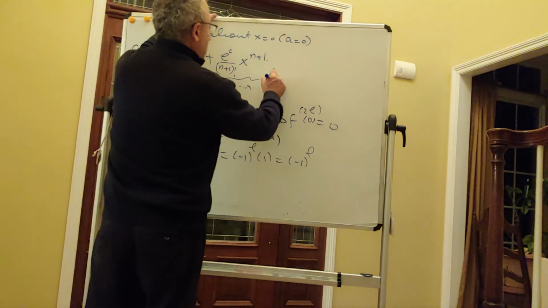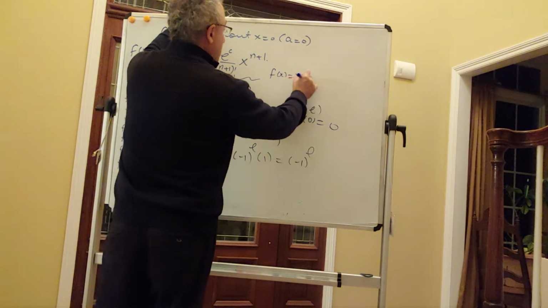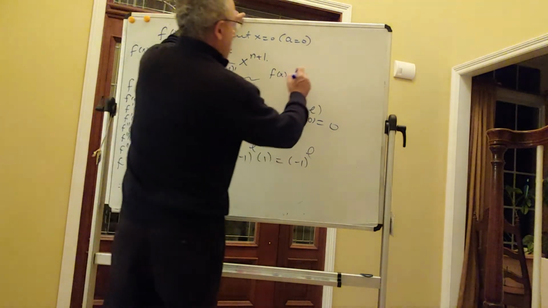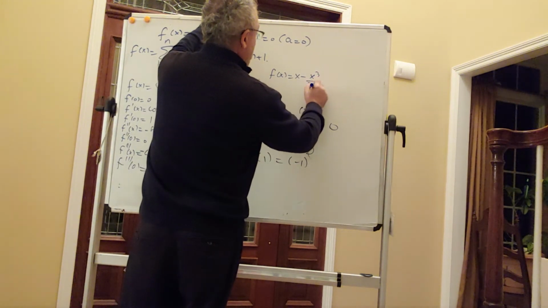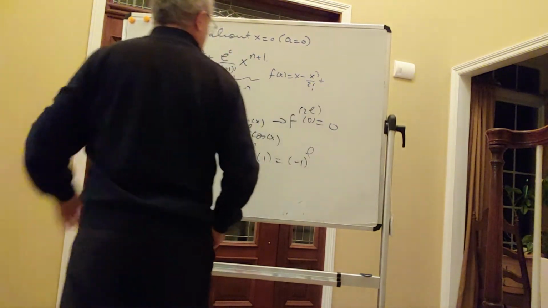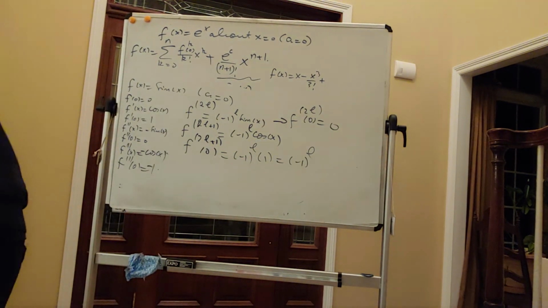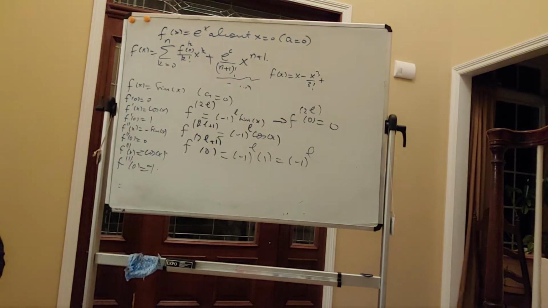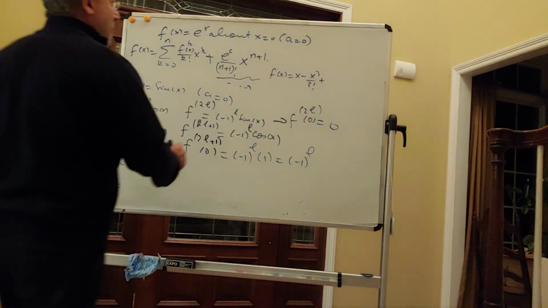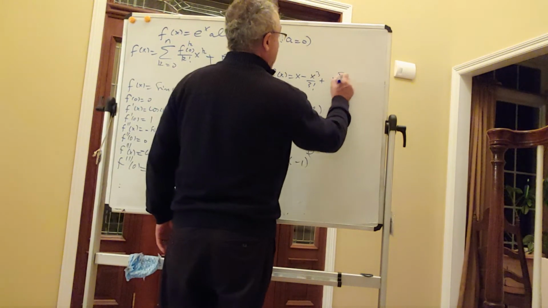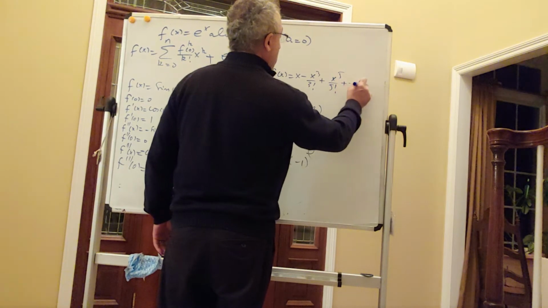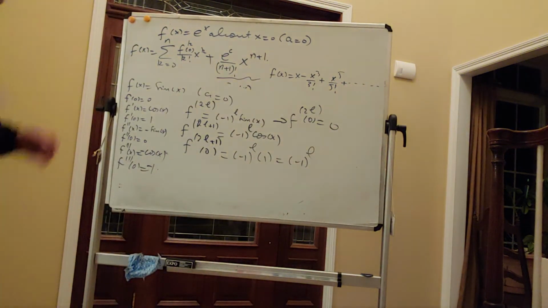And if you write it down, now you will see f of x equals x minus x cubed over 3 factorial plus x to the 5 over 5 factorial, and then you will see that.